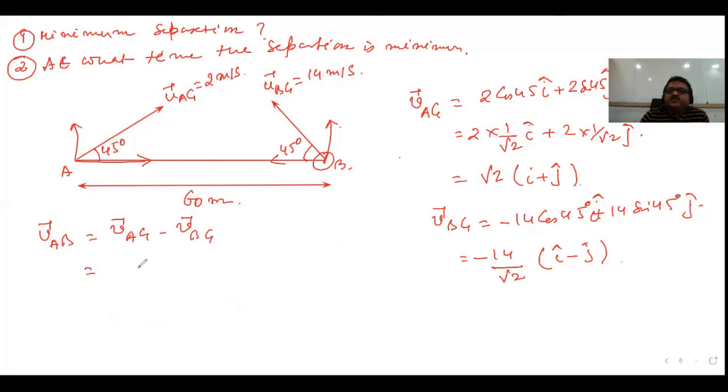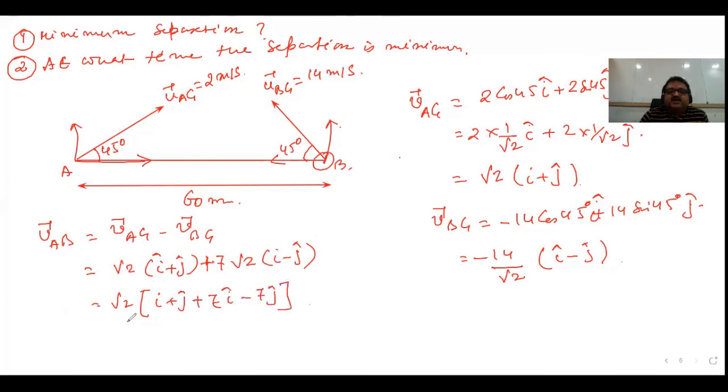Velocity of A with respect to ground is root 2 (i cap plus j cap) minus of these, that is plus 7 root 2 (i cap minus j cap). Do one thing, take root 2 common: (i plus j) plus (7 i cap minus 7 j cap).